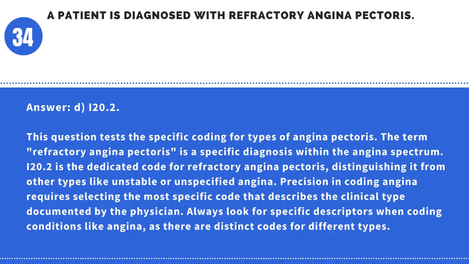The term refractory angina pectoris is a specific diagnosis within the angina spectrum. I20.2 is the dedicated code for refractory angina pectoris, distinguishing it from other types like unstable or unspecified angina. Precision in coding angina requires selecting the most specific code that describes the clinical type documented by the physician. Always look for specific descriptors when coding conditions like angina, as there are distinct codes for different types.